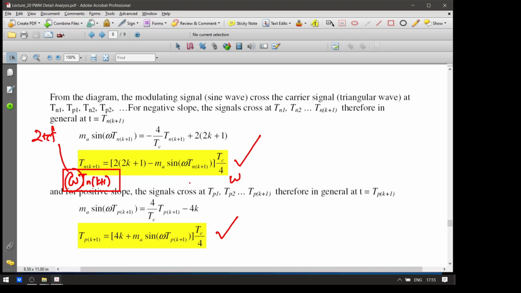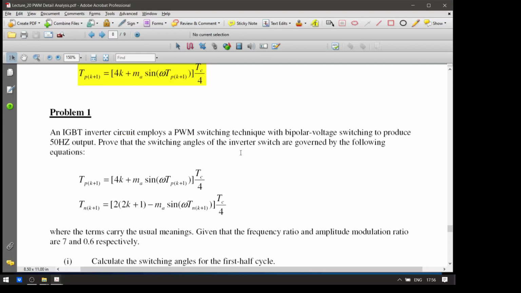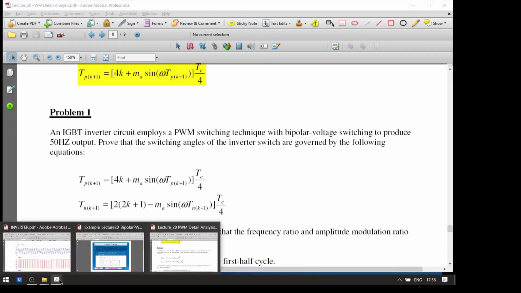So if you multiply both sides by omega, then you obtain the switching angles. But here we derive in the time domain. So we have two equations again, and from these two equations we can calculate the angles. Right, so we look into the examples.